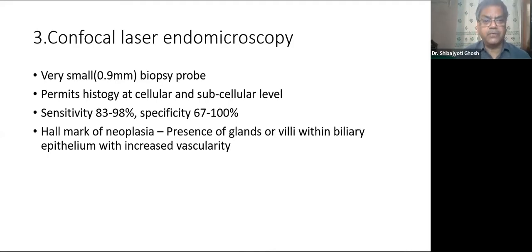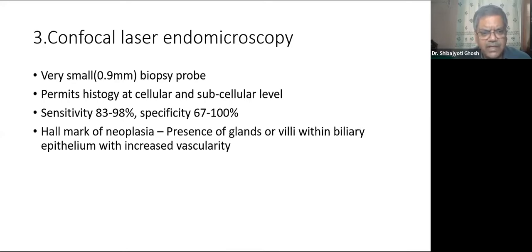So confocal laser endomicroscopy uses a very small biopsy probe, only 0.9 millimeter, and permits histology at cellular and subcellular level. Sensitivity is around 83 to 98%. And the hallmark of neoplasia on confocal laser endomicroscopy is the presence of glands or villi within the biliary ductal epithelium with increased vascularity.